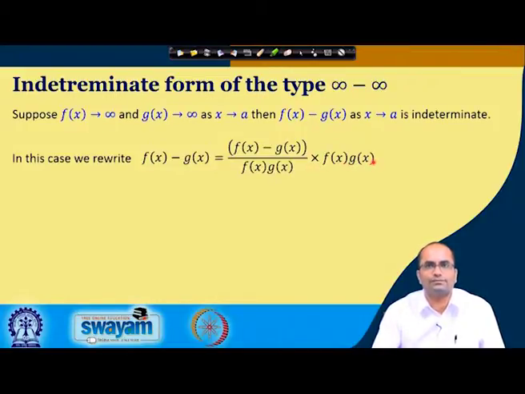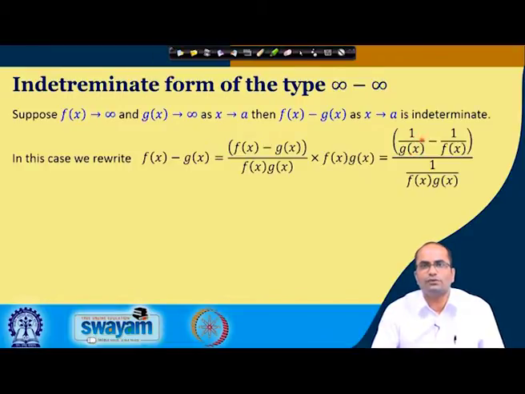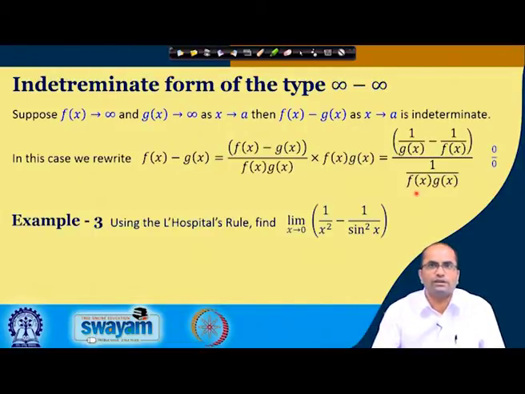Since f x and g x both go to infinity, we have 0 minus 0 here, and 1 over infinity times infinity is not an indeterminate form. So, 1 over infinity is 0 again. We have here the 0 by 0 form, which we can easily handle with the help of L'Hopital's rule.